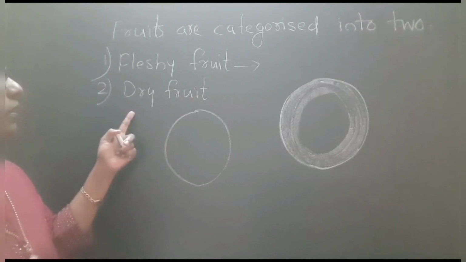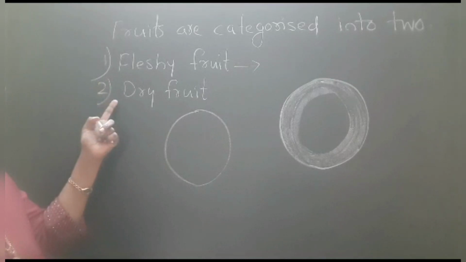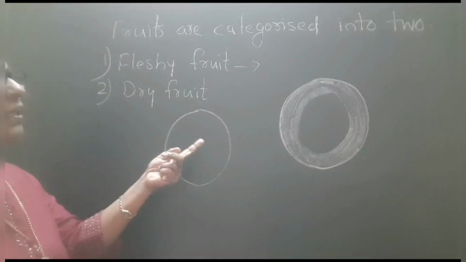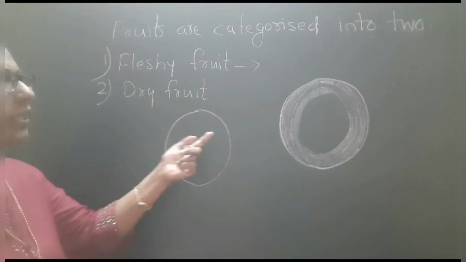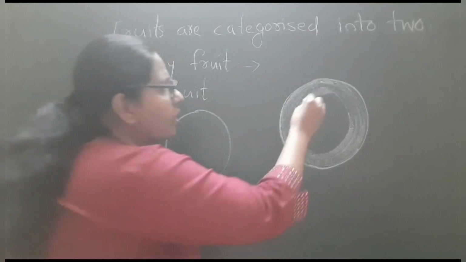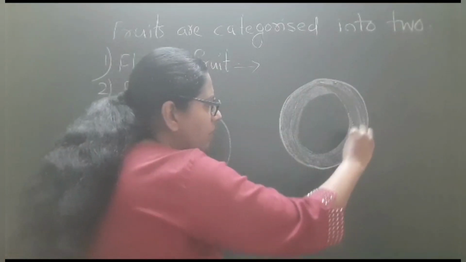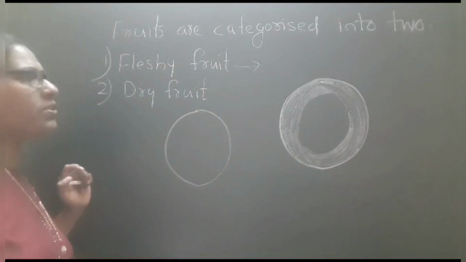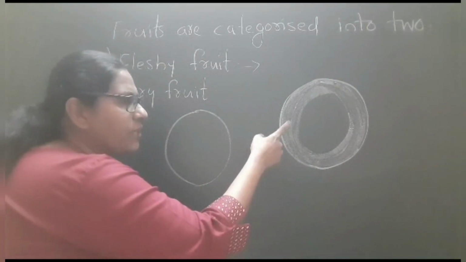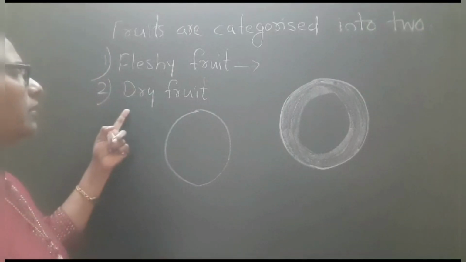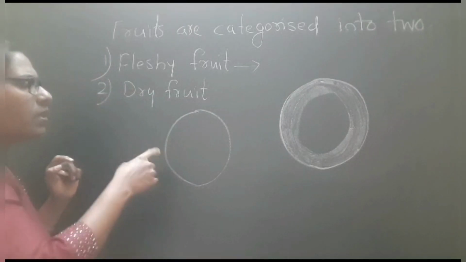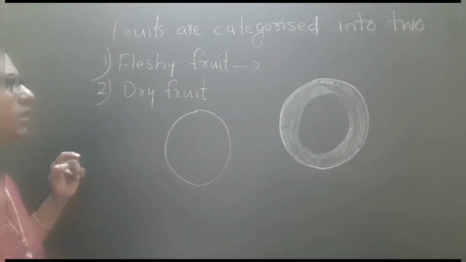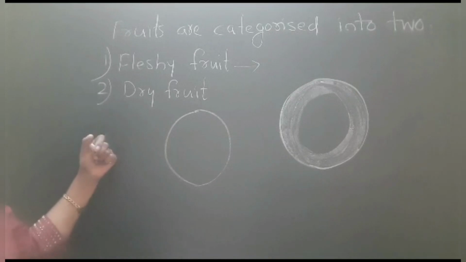So there are two categories, fleshy fruit and dry fruit. In fleshy fruits, the pericarp of the ovary develops into a thick fleshy part, and they are edible. In dry fruits, the pericarp is thin and dry.